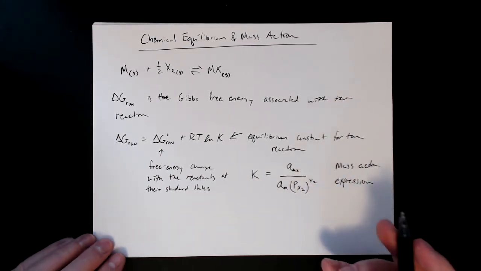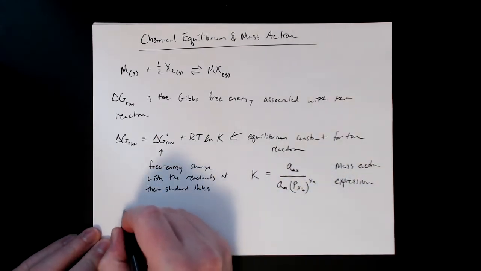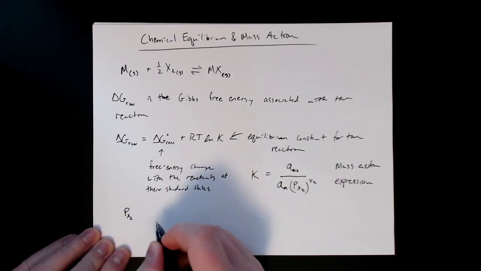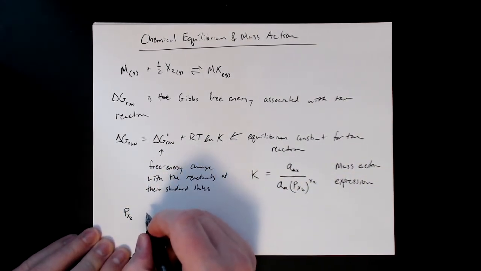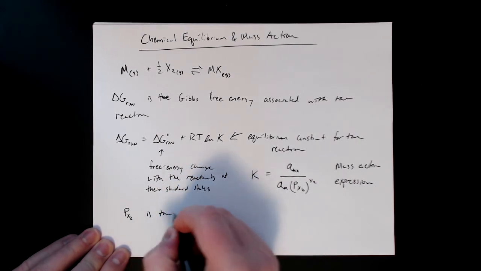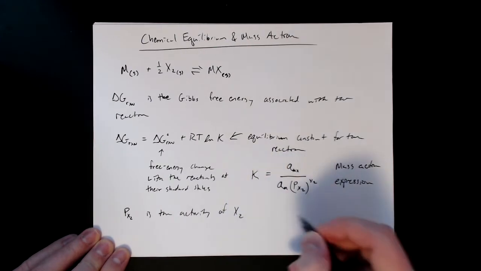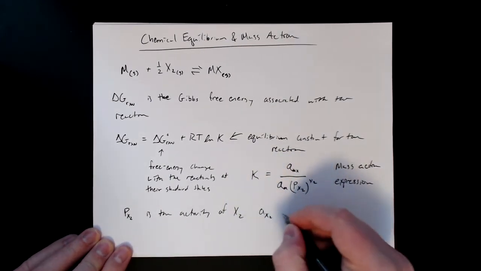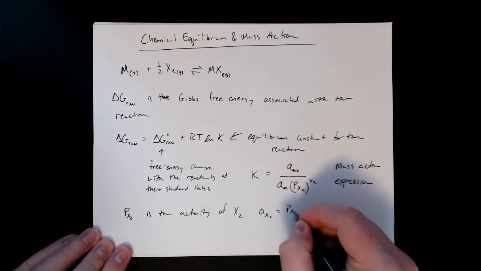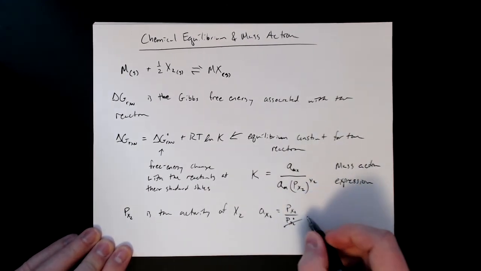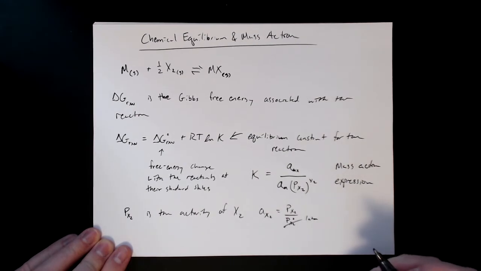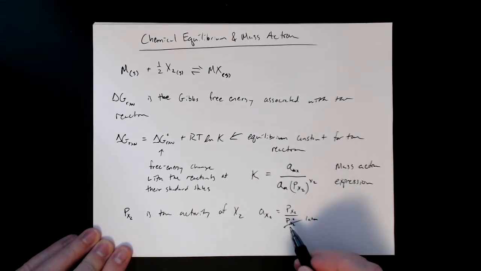Okay, so again, this pressure of X2 we're subbing in is actually the activity of X2. So that's essentially what we're writing. But this is 1 atmosphere by definition. And so since this is the case, we can just sub in the pressure.